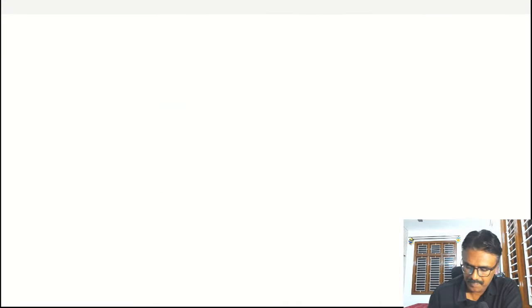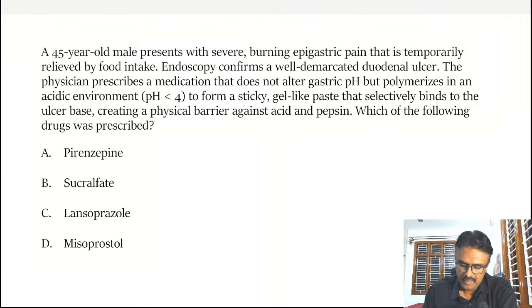A big question, but easy. A 45-year-old male presents with severe burning epigastric pain that is temporarily relieved by food intake. So what is this ulcer? Food intake reduces the pain, that is duodenal ulcer.